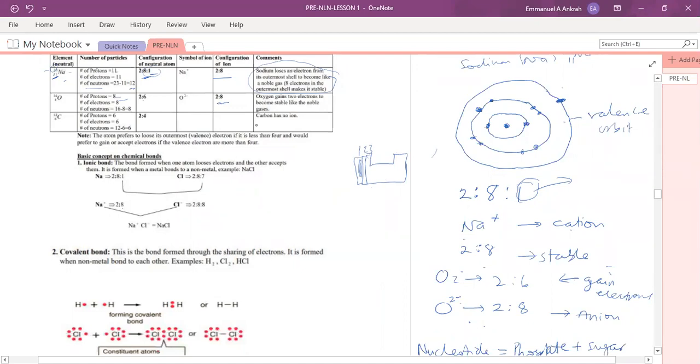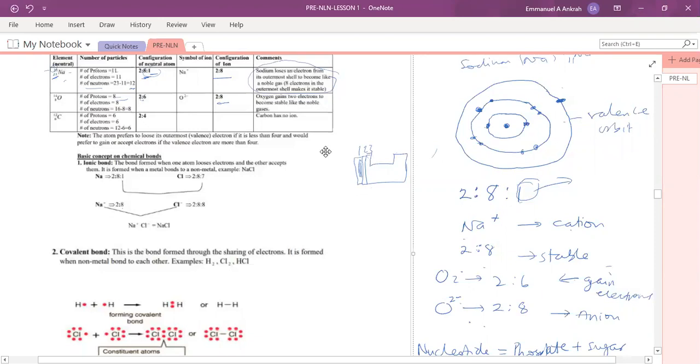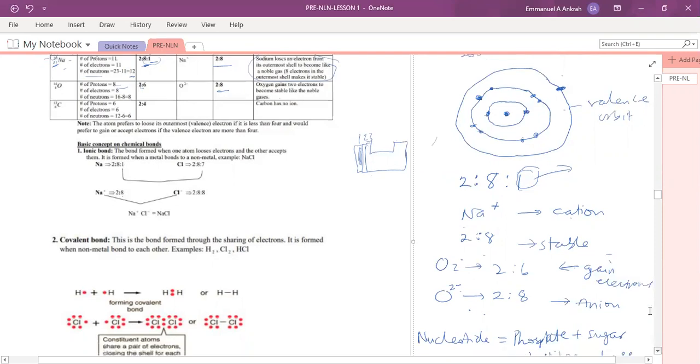The comment I have is oxygen gains 2 electrons to become stable like the noble gas. So adding 2 electrons to this then becomes 8. So that's how you come up with the electronic configuration.